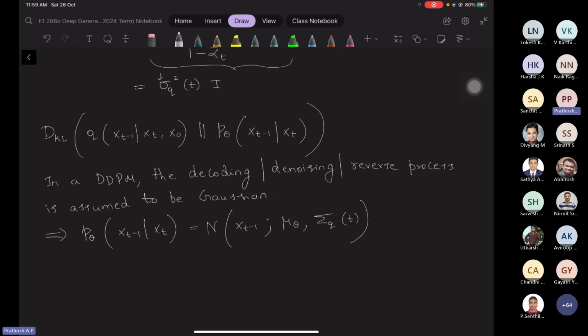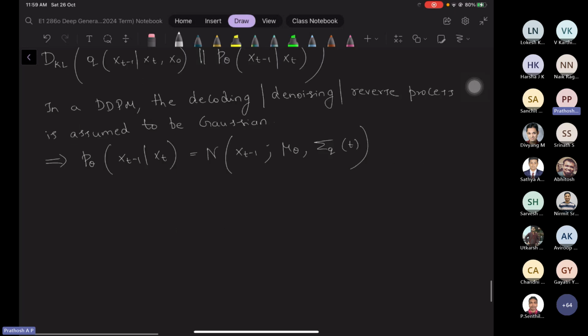Now, because it's Gaussian, we have the KL divergence between q of xt minus 1 given xt and x naught, and p theta of xt minus 1 given xt.